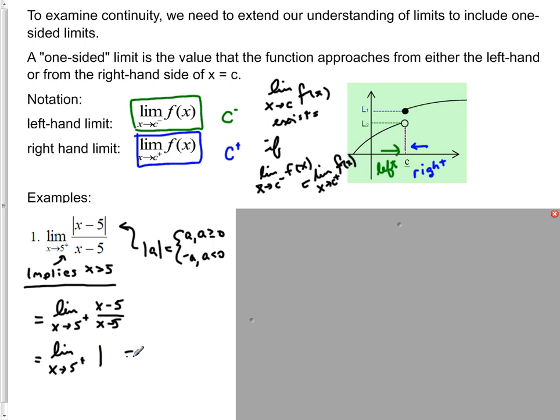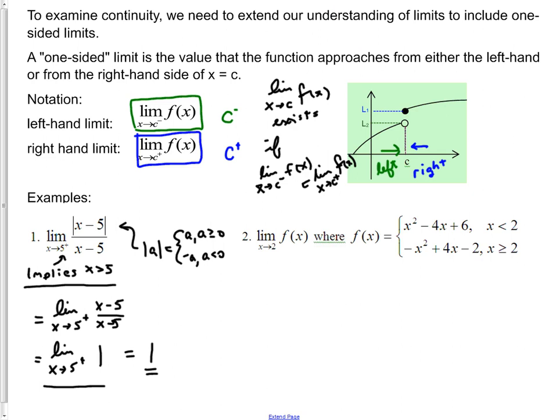And we know that the limit of a constant is simply equal to the constant. And remember, it doesn't really matter that at x equals 5 this expression is indeterminate, because the value of the limit does not depend on the value of the function at that point. So we can say that this is our limit from the right. That's it. Now, as an exercise, evaluate this limit as x approaches 5 from the left and see what happens.